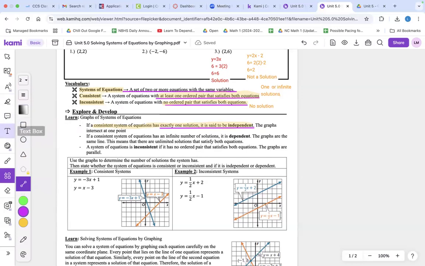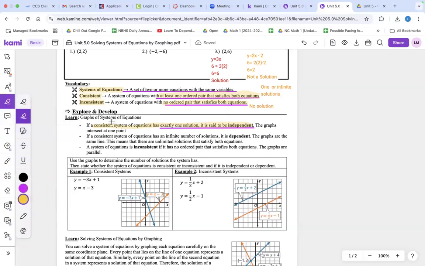Next one says, and we're getting ready to highlight again, if a consistent system of equations has an infinite number of solutions, it is dependent. The graphs are the same line. This means there are unlimited solutions. So here, consistent has infinitely many.